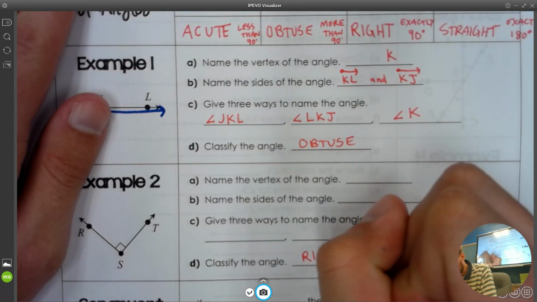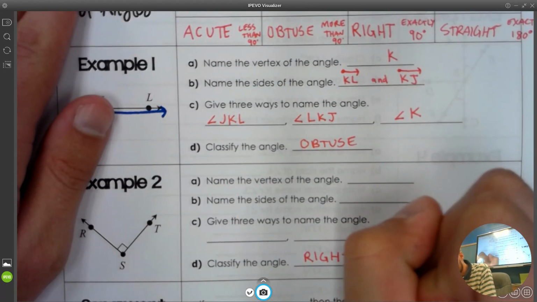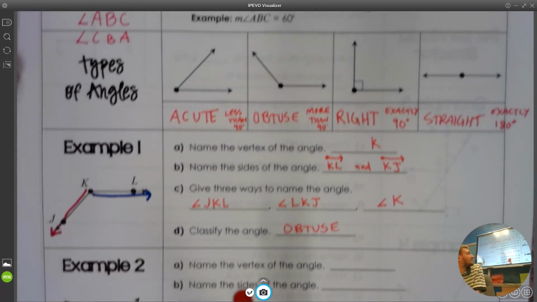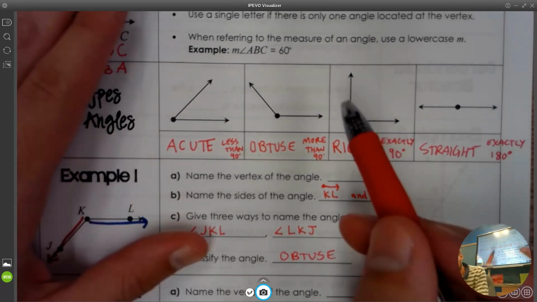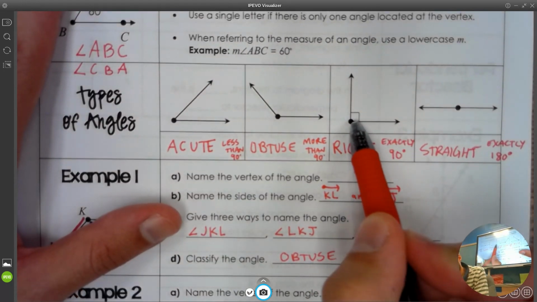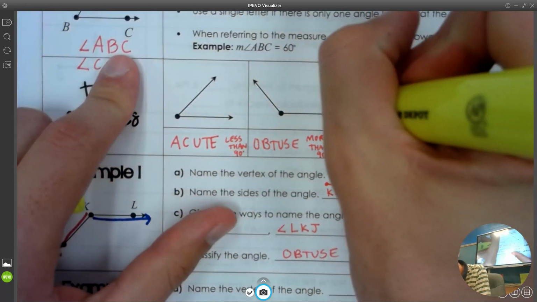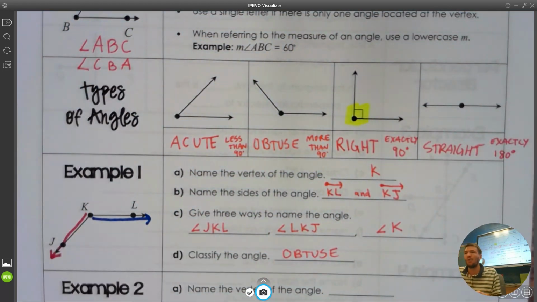Now, we did not, or maybe I did not, do a good enough job discussing something when we were back in our types category. You see this square in the corner? This square is absolutely critical in geometry, okay? You always want to see, do I have that square in the corner?